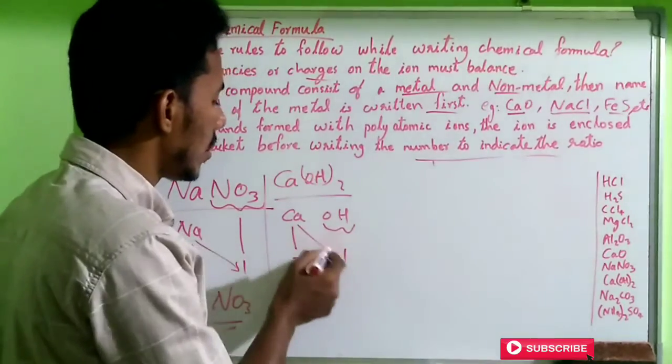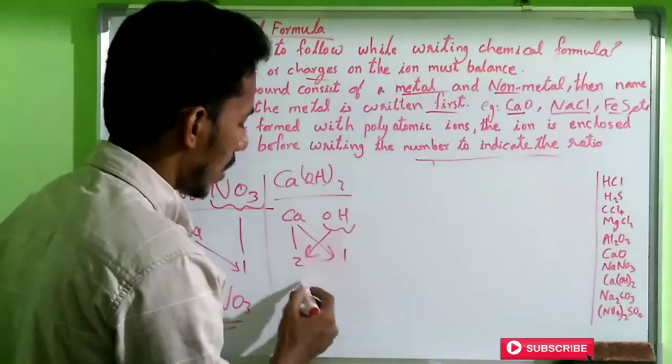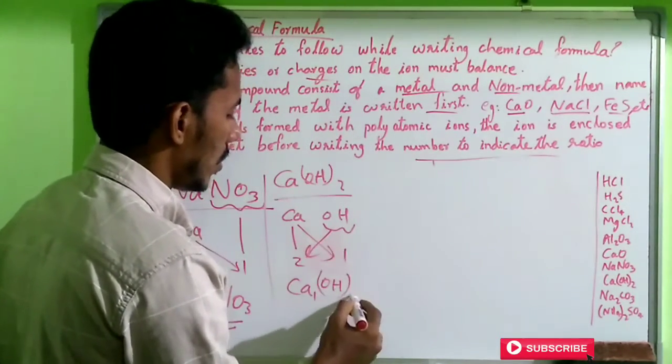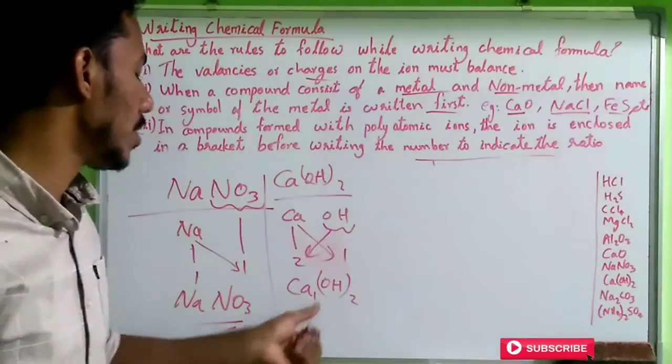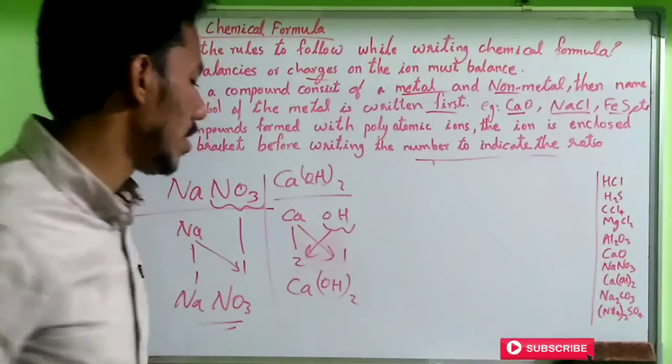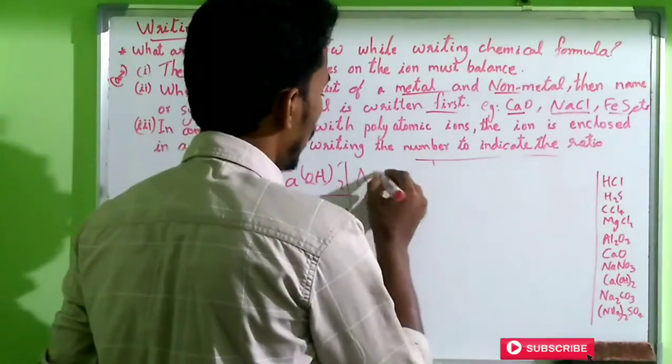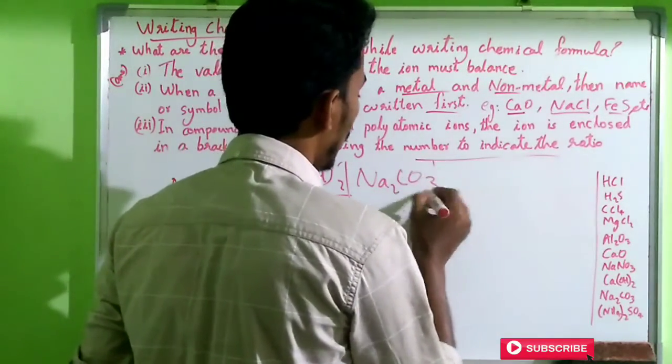So interchange this. Ca1, OH twice. We need not write the 1, so Ca(OH)2. Then next one, Na2CO3.